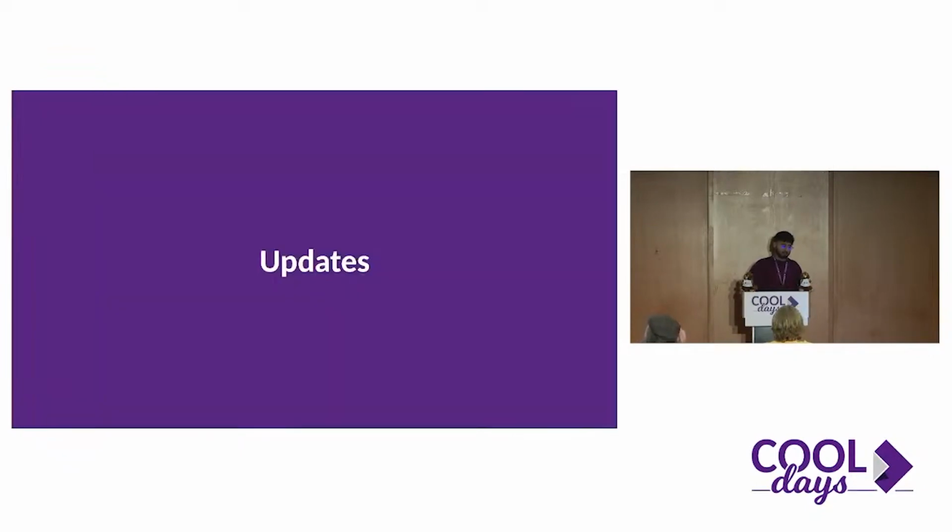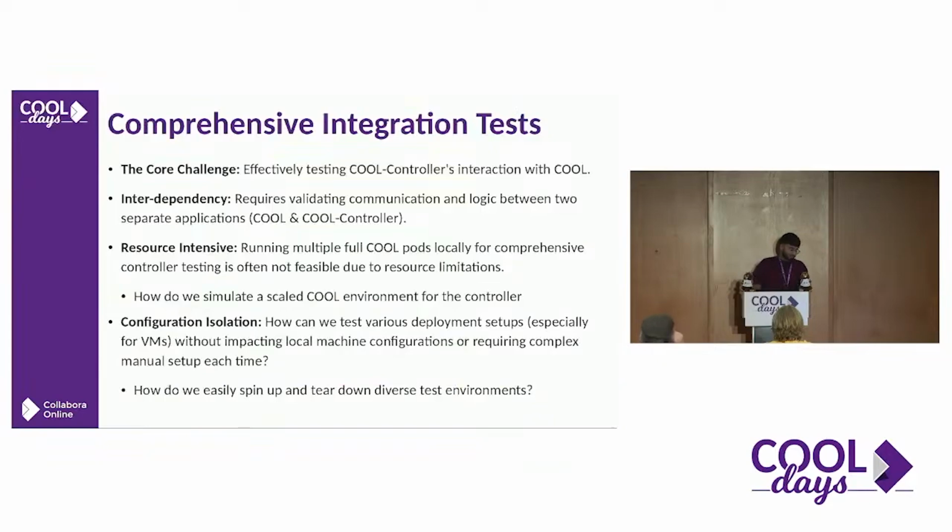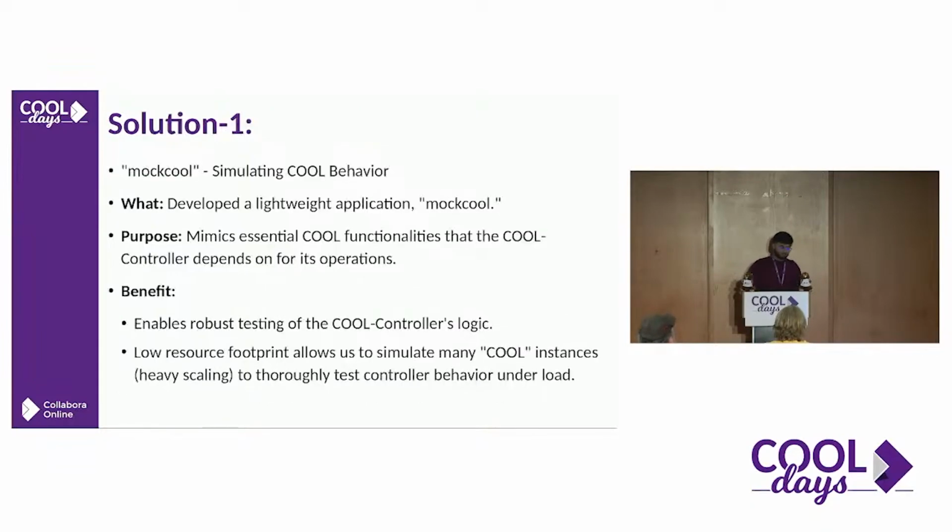If I wanted to test hundreds of pods, I needed something much less resource intensive for testing locally. So I created a mock cool application to test the large clusters, and it helps me make sure that cool controller behaves consistently with large clusters as well.